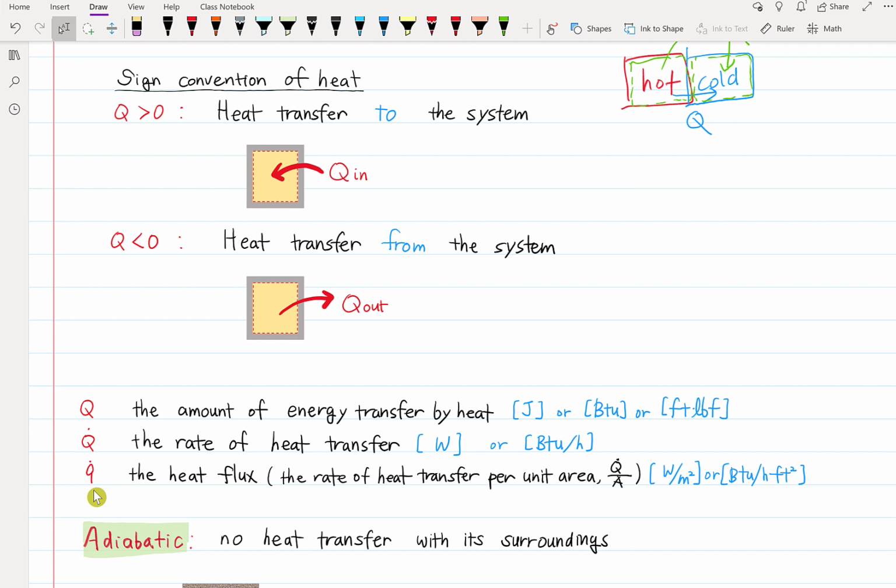Heat is denoted by lowercase q dot when it refers to heat flux, or the rate of heat transfer per unit area. So we can also write it as Q dot over A, where A is the heat transfer area. The unit is watt per meter squared, or BTU per hour per feet squared.